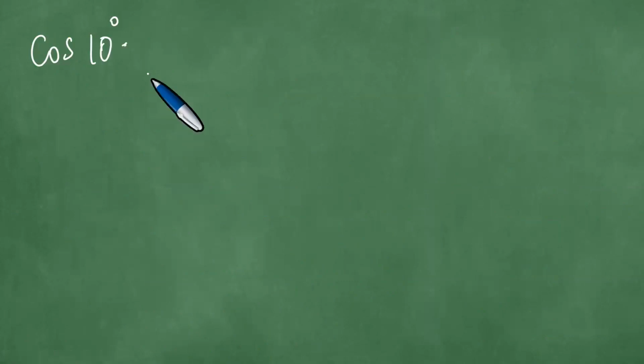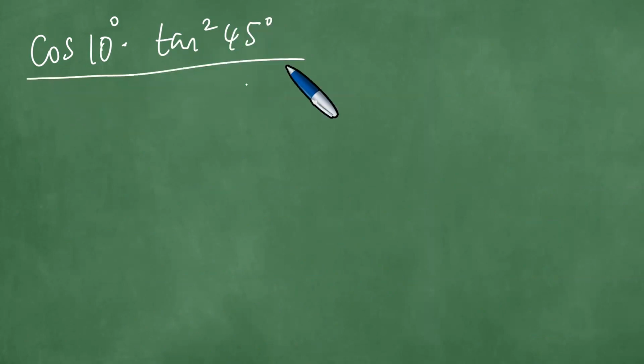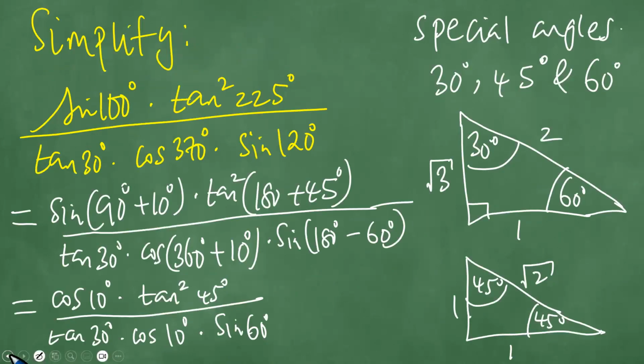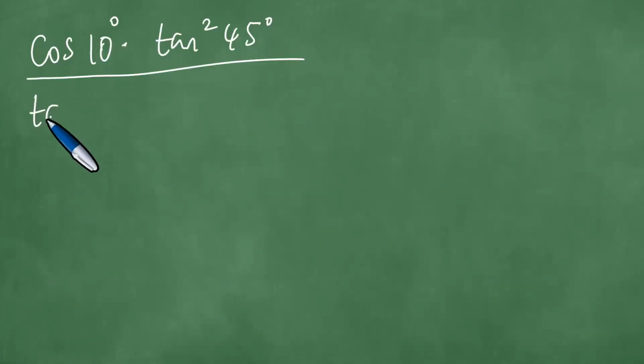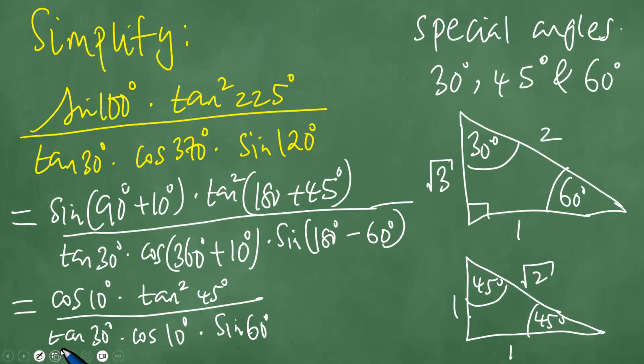multiplied by tangent squared 45, divided by tangent 30, over cosine 10 sine 60.